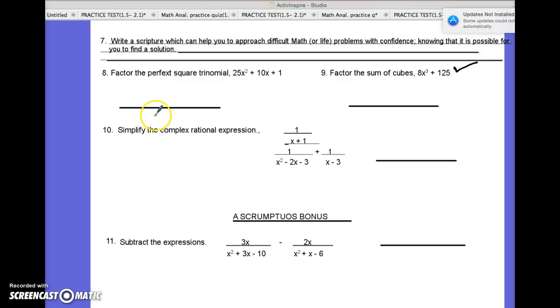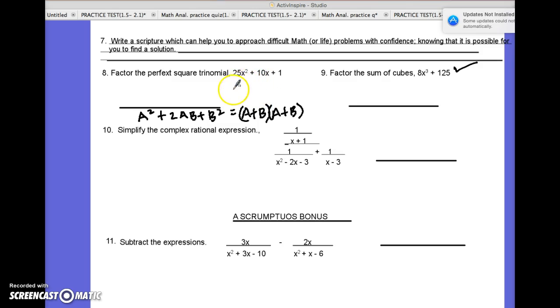If we've got a squared plus 2ab plus b squared, this can be factored into a plus b times a plus b. You can see that when you FOIL this out, you're going to get this over here.